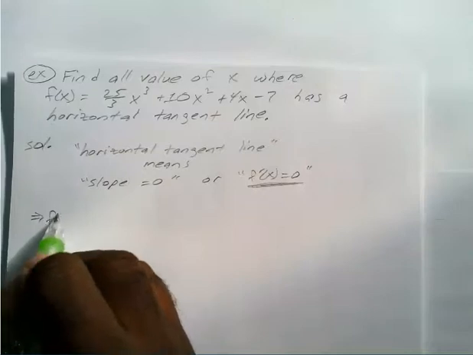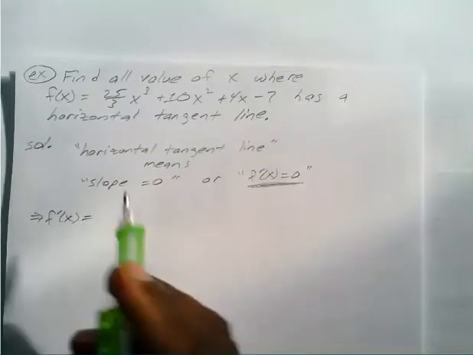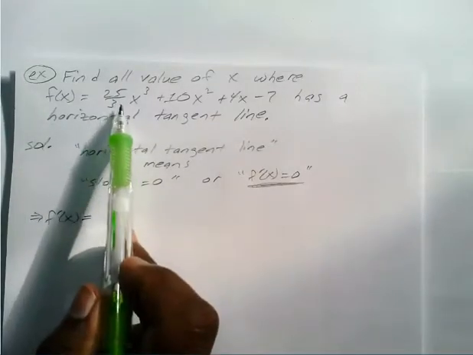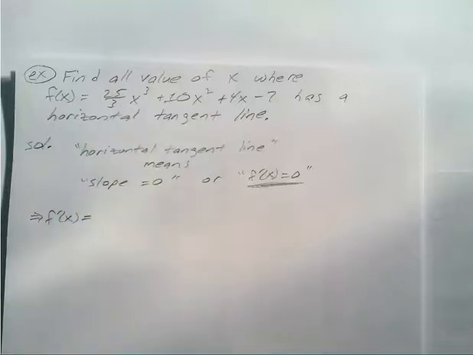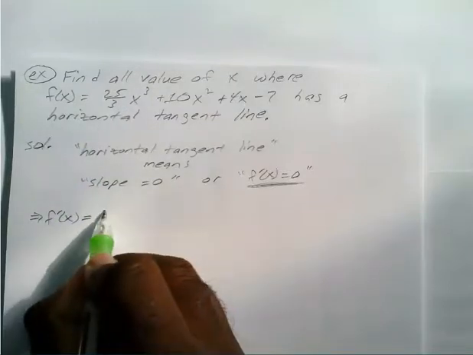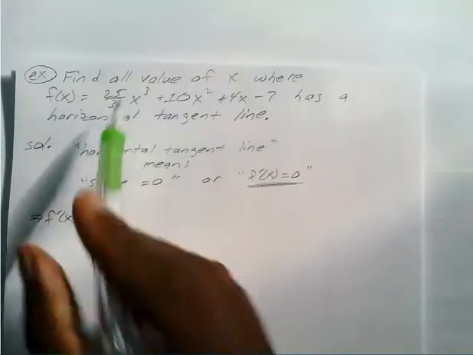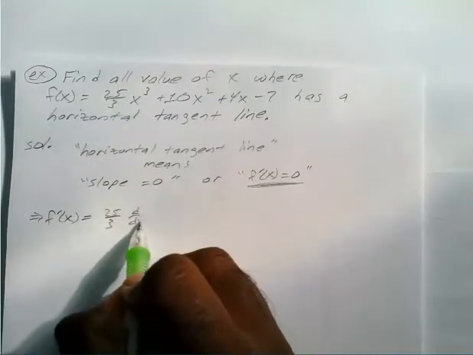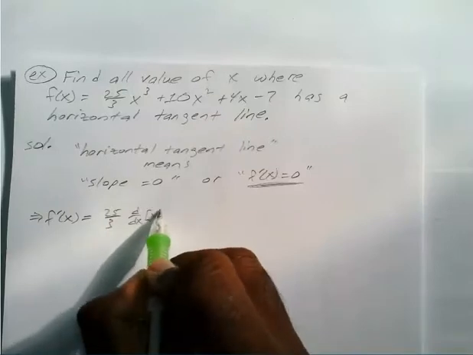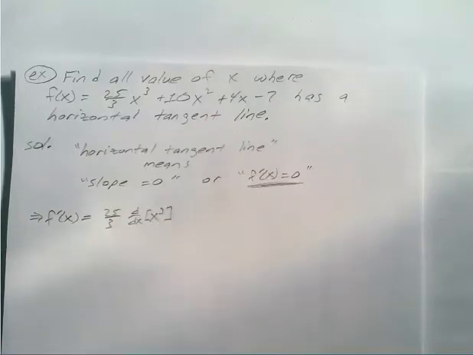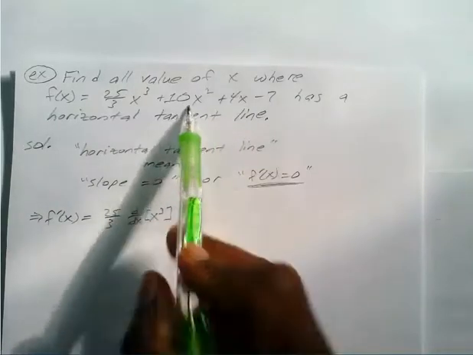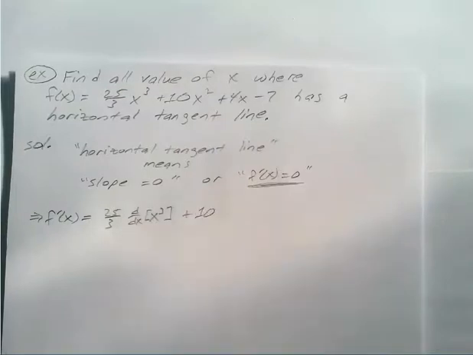Okay, so f prime of x is equal to, if you look at your f of x, you have 25 over 3 x to the third, so we just get our 25 over 3, put it right out front, and we have the derivative of x to the third, plus we have our 10x squared, so it's just a constant, we can put that out front.